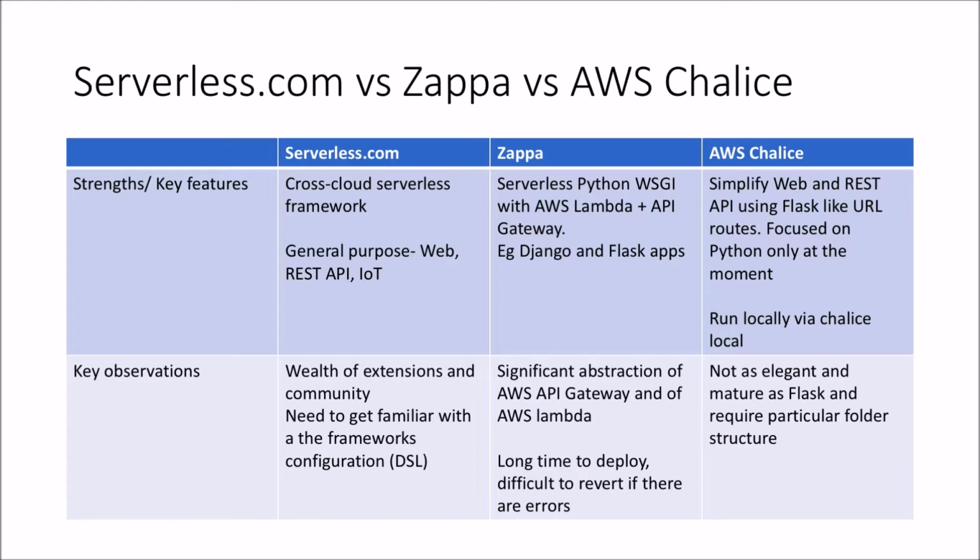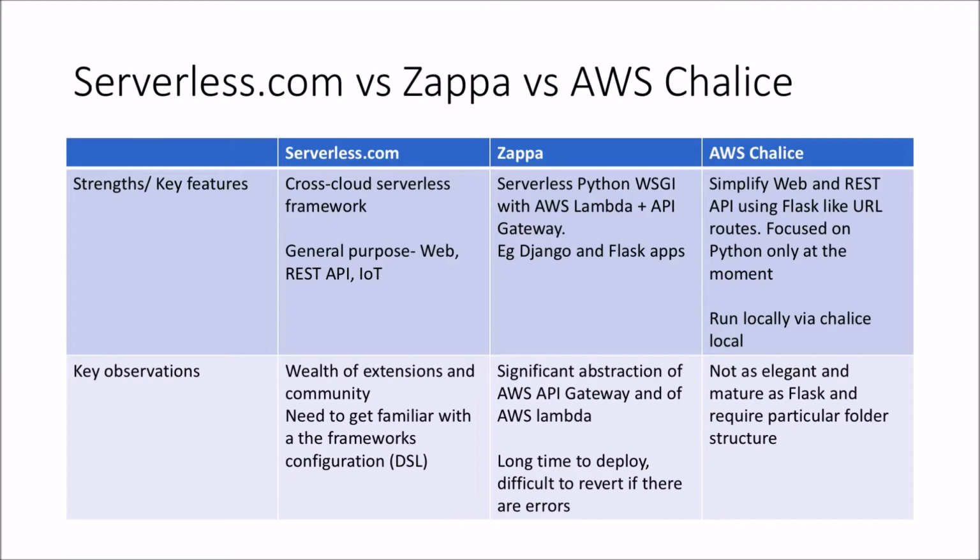One of the key strengths was the focus around Python. If you have a WSGI-based application, like if you're using Flask or Django, and you wanted to port that to serverless capability like AWS Lambda and AWS API Gateway, Zappa was the place to go.